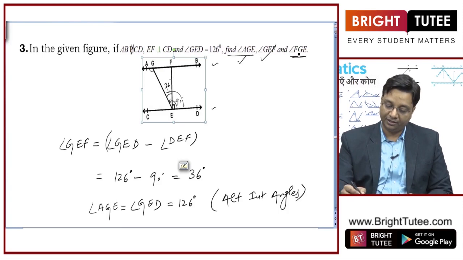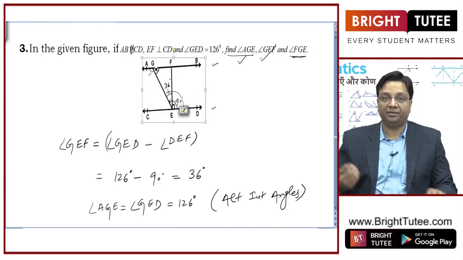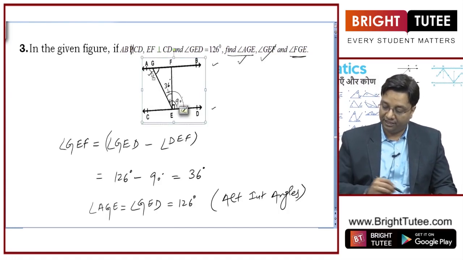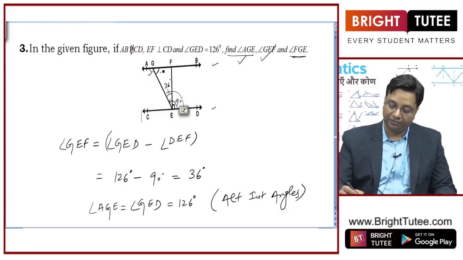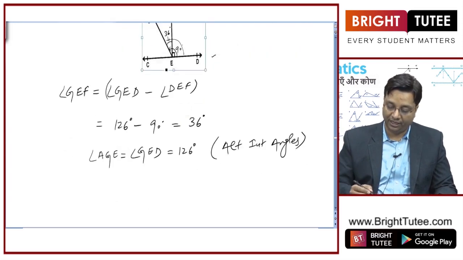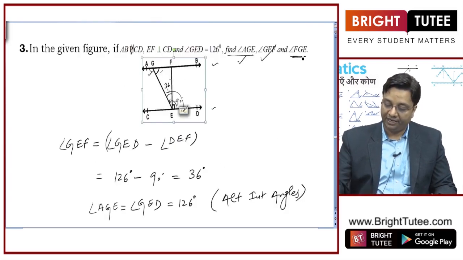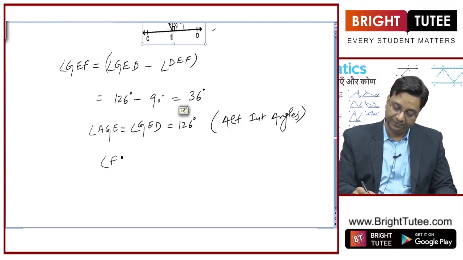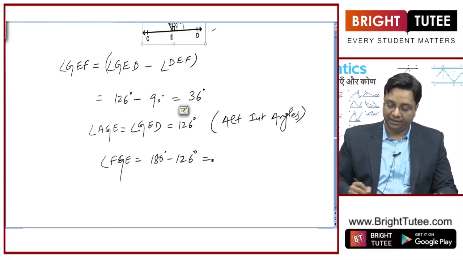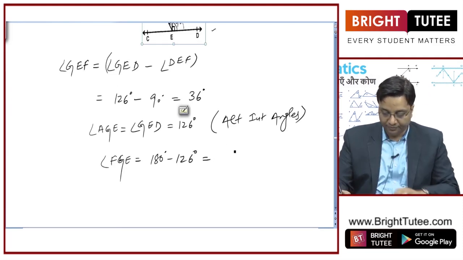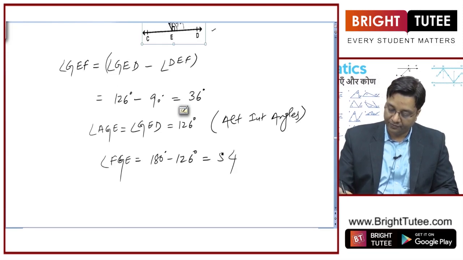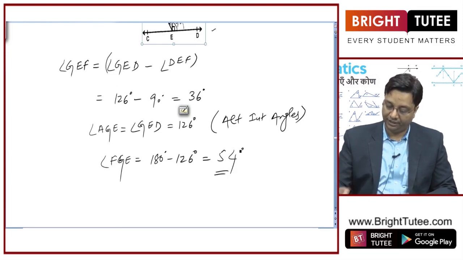FGE, that is this angle. Now if I know this one, this can be obtained from the linear pair property. This angle is 126, so this will be 180 minus 126. So angle FGE will be 180 minus 126, that is 54 degrees.